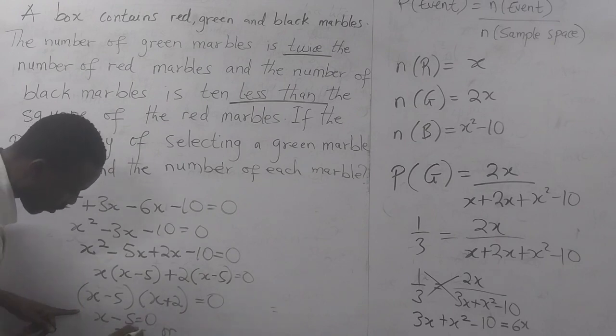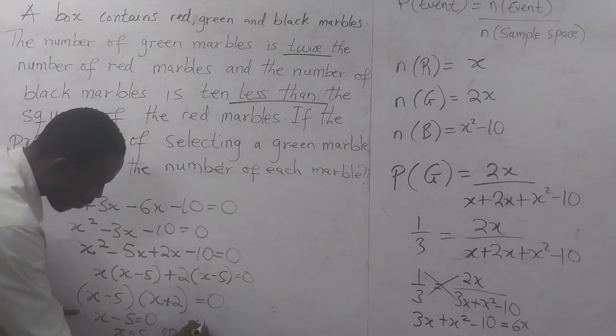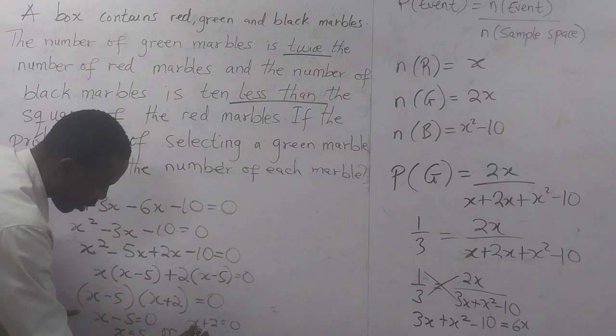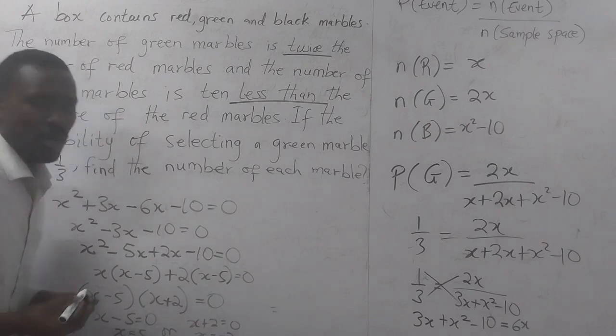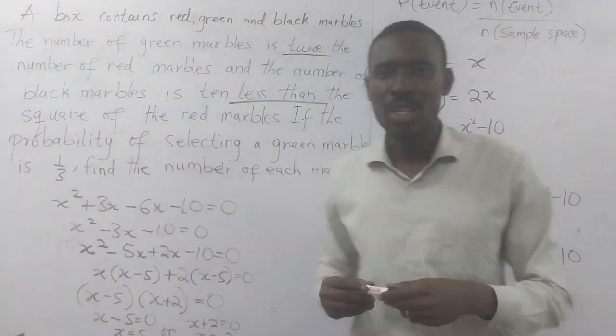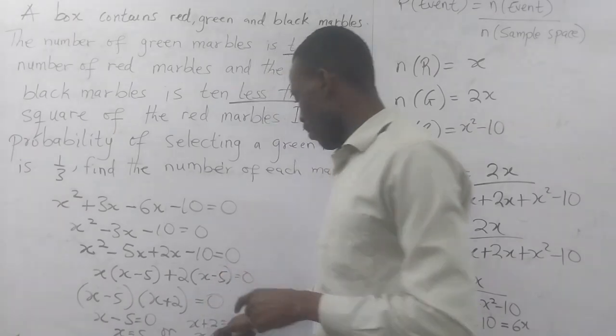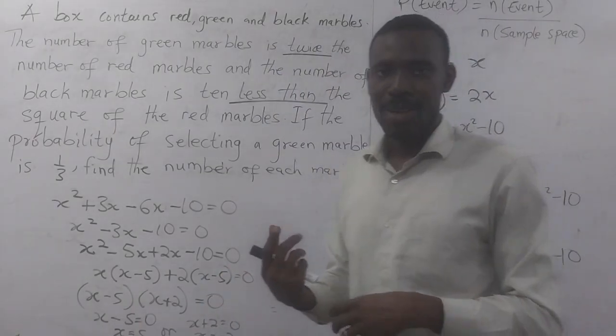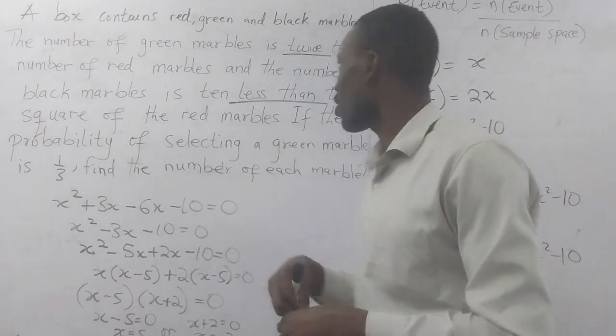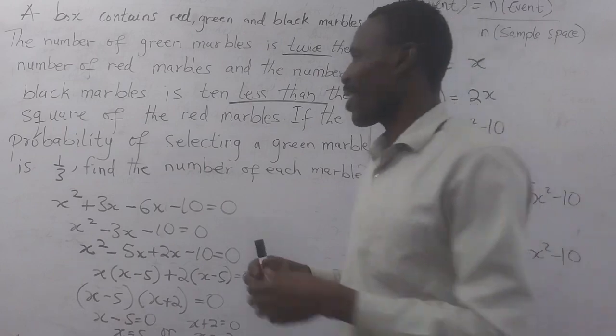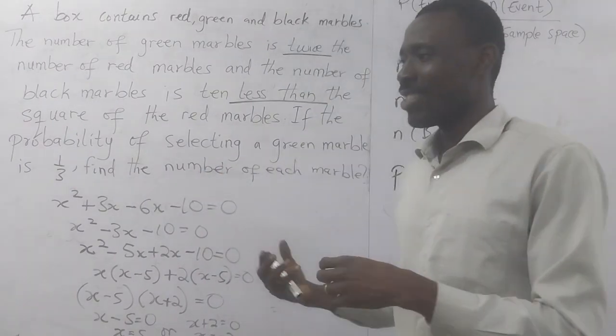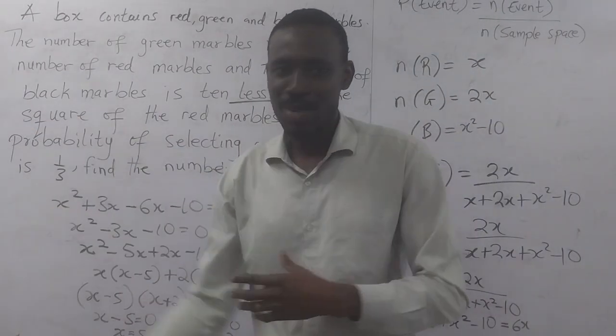Or x plus 2 equals 0, and my x will be negative 2. Wow, so these are the values of x. But you see, we are looking at the number of marbles in a box, so to speak, assuming it was in a box. And something that we are going to look for, the probability cannot be 0.